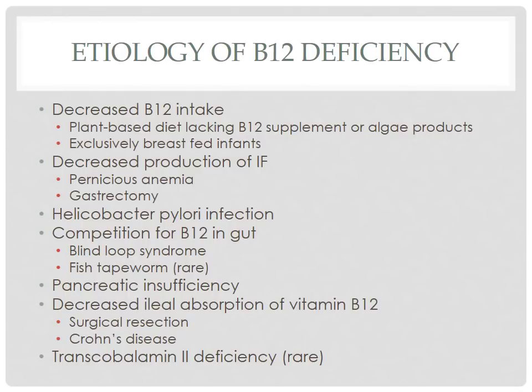Pancreatic insufficiency can also cause it because there's not good absorption in the stomach and in the ileum. There can be decreased ileal absorption as well due to resection of the ileum or Crohn's disease. And there's also a couple different deficiencies, specifically transcobalamin 2 deficiency, which can cause problems with B12 and its absorption.